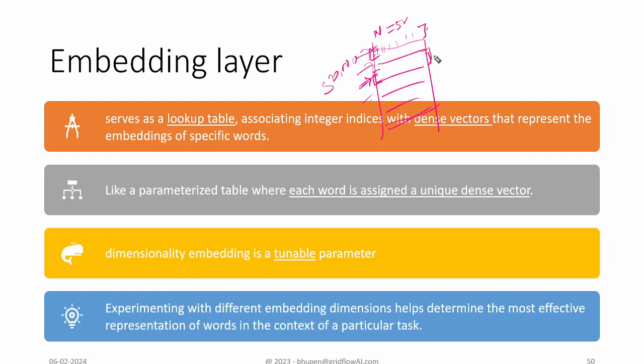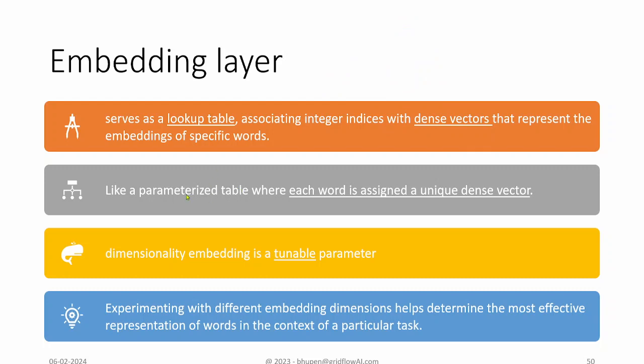Basically, we will use a randomly created embedding layer to begin with in the word2vec training, and then we will use the training process, essentially the learning rate and gradient descent, to optimize and adjust the values in the embedding layer.